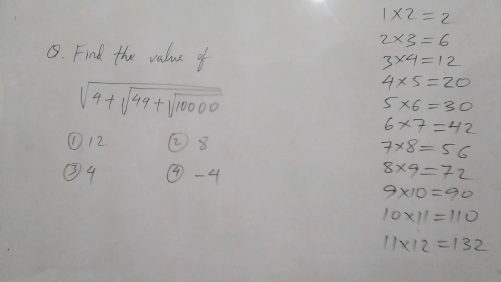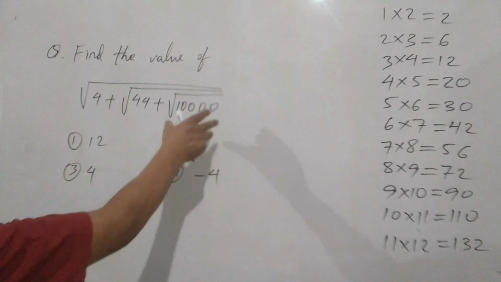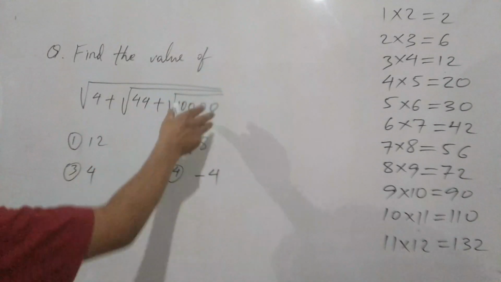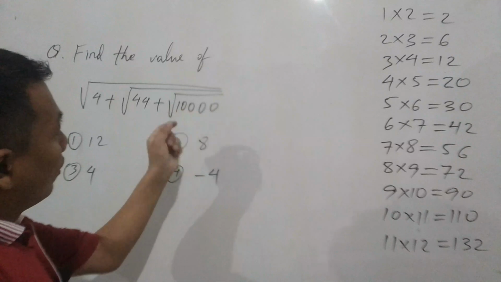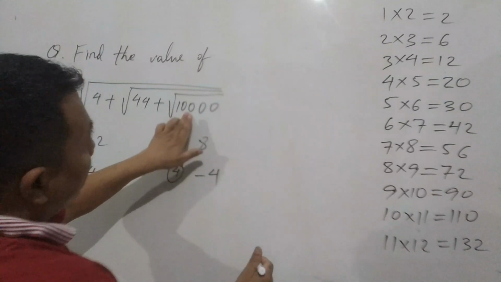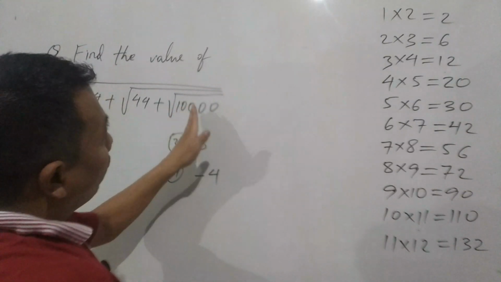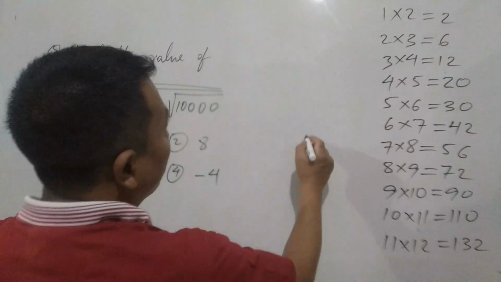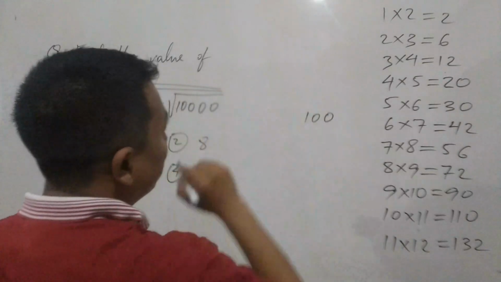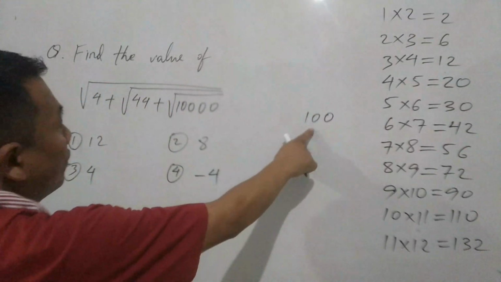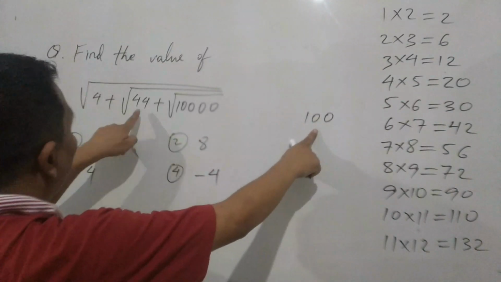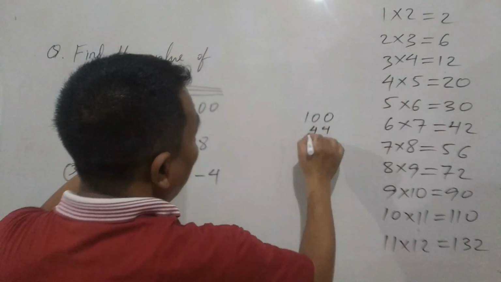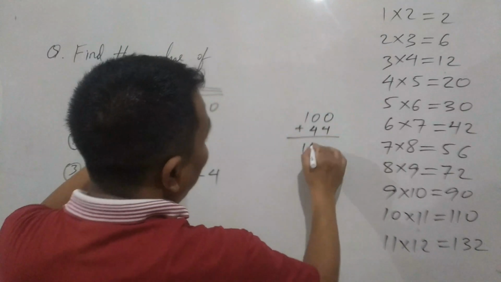Now let's solve this question. First, square root of 10,000. Write down half the zeros, that is 2 zeros. Square root of 10,000 is 100. Now add this with 44. That is 144.